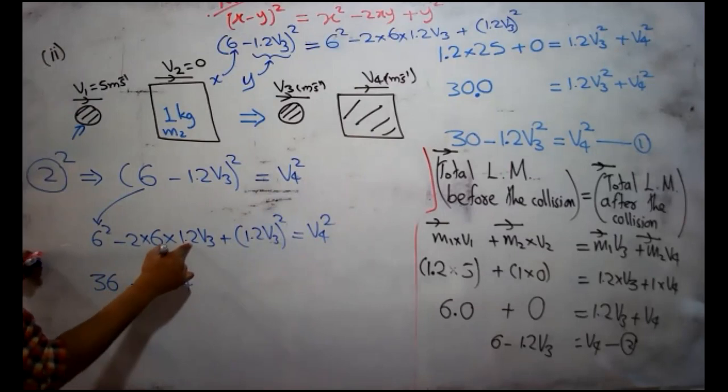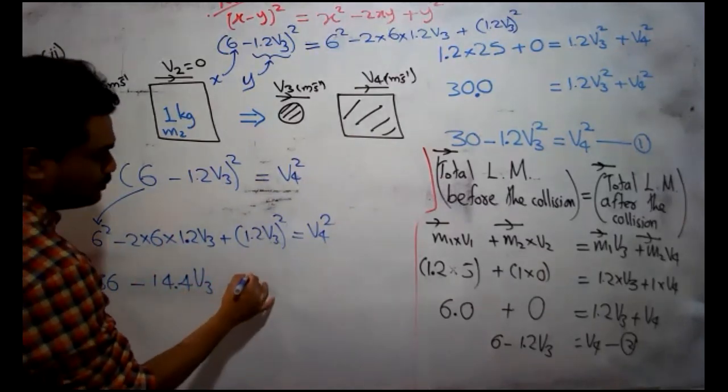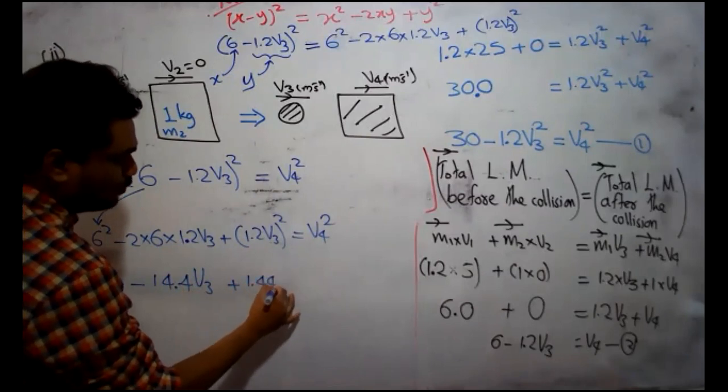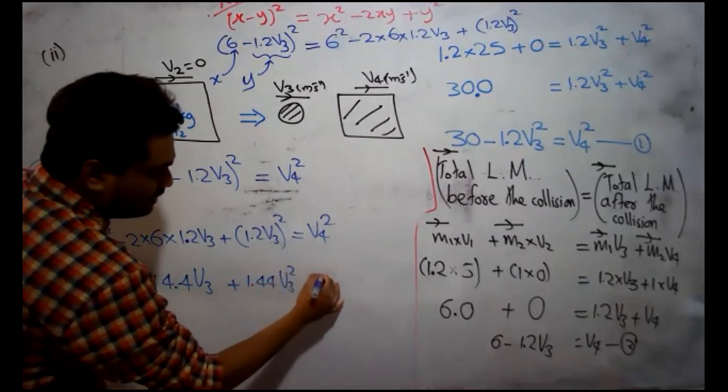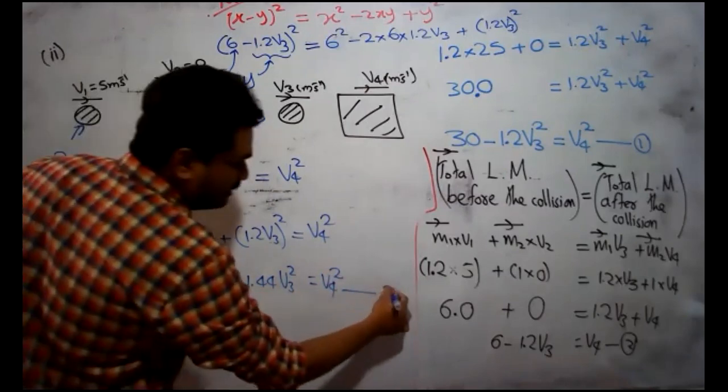So 14.4, because one decimal point should be removed. Root 3 plus 1.2 square is 1.44 into root 3 square equals root 4 square. This is our third equation.